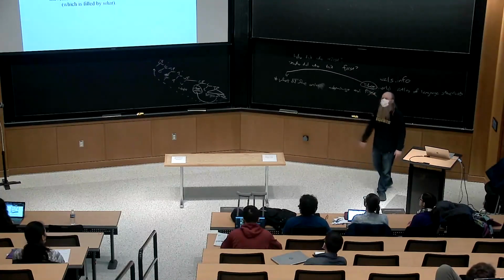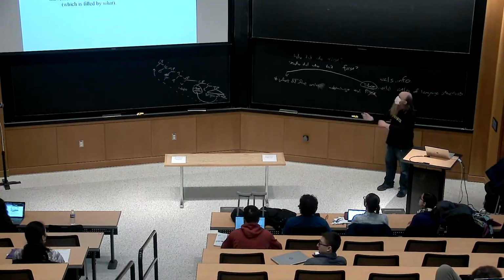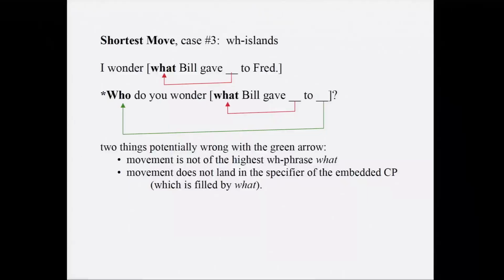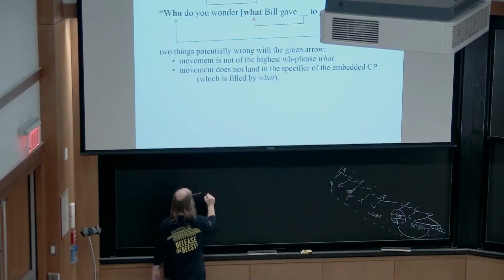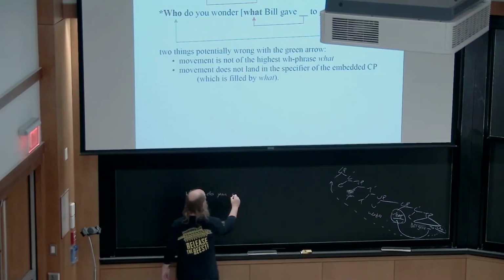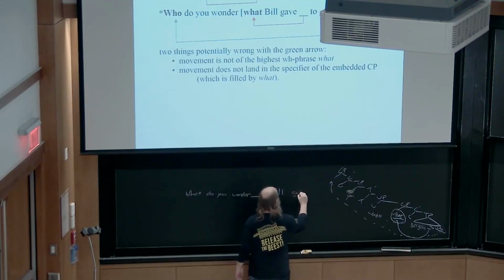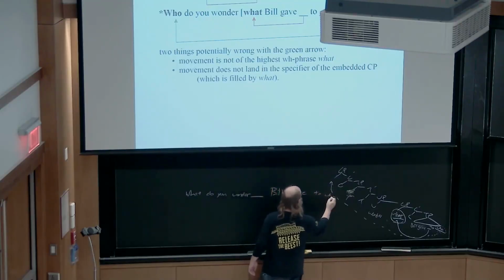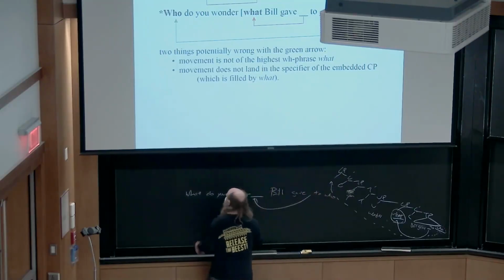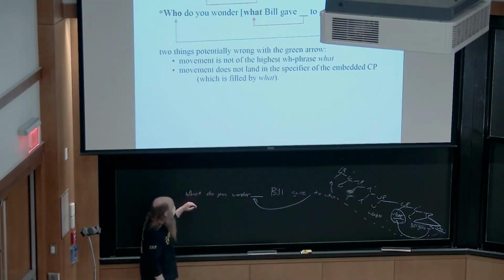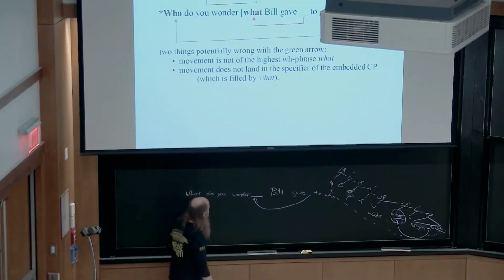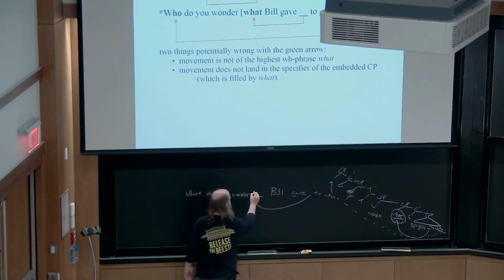What about, like, what do you wonder Bill gave to who? Good point. So one of the things I just said was, when we're asking what went wrong with the sentence that I've got up there, who do you wonder what Bill gave to, one thing that you could blame it on is you moved who and what is closer.